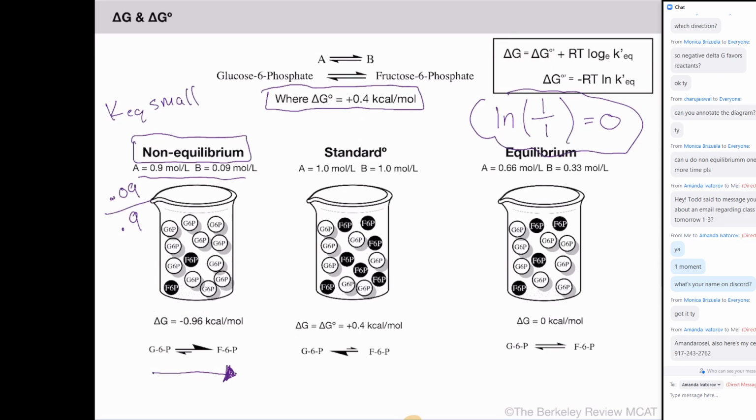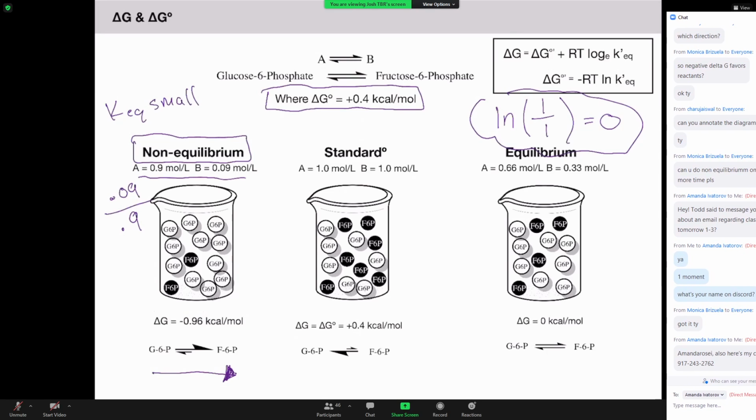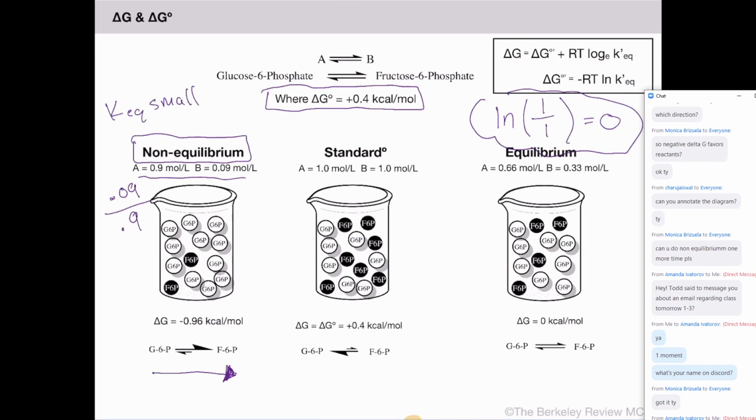Got it. So because your KEQ is small. Someone just asked me a question. Yeah, it'll be in the forward direction, because the delta G overall is negative.